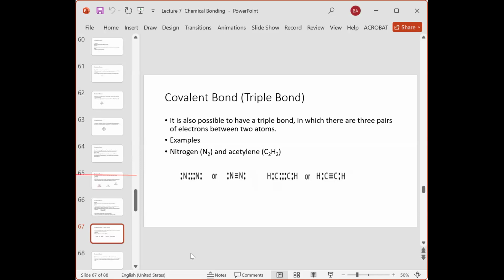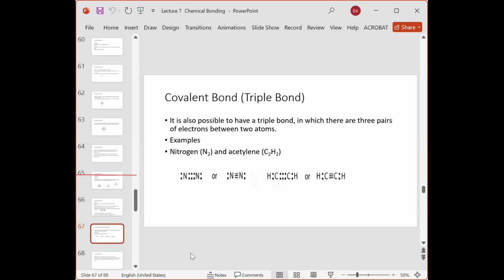So how are you going to satisfy the octet? Definitely there has to be a triple bond between the nitrogen atoms. So you put 3 pairs inside, that will bond them, then you put 2 and 2 outside. Then you are done. So that's how it goes.